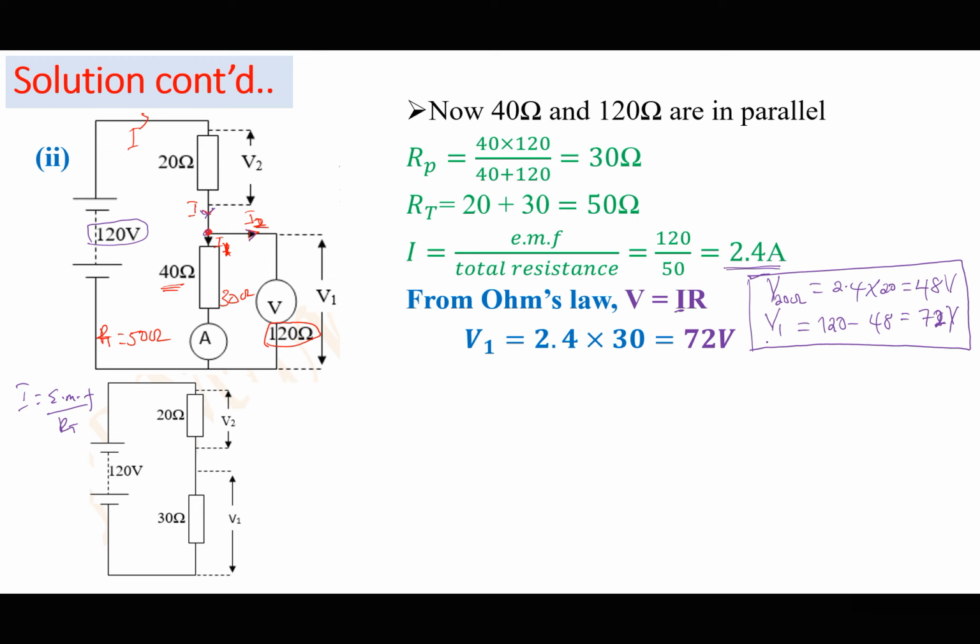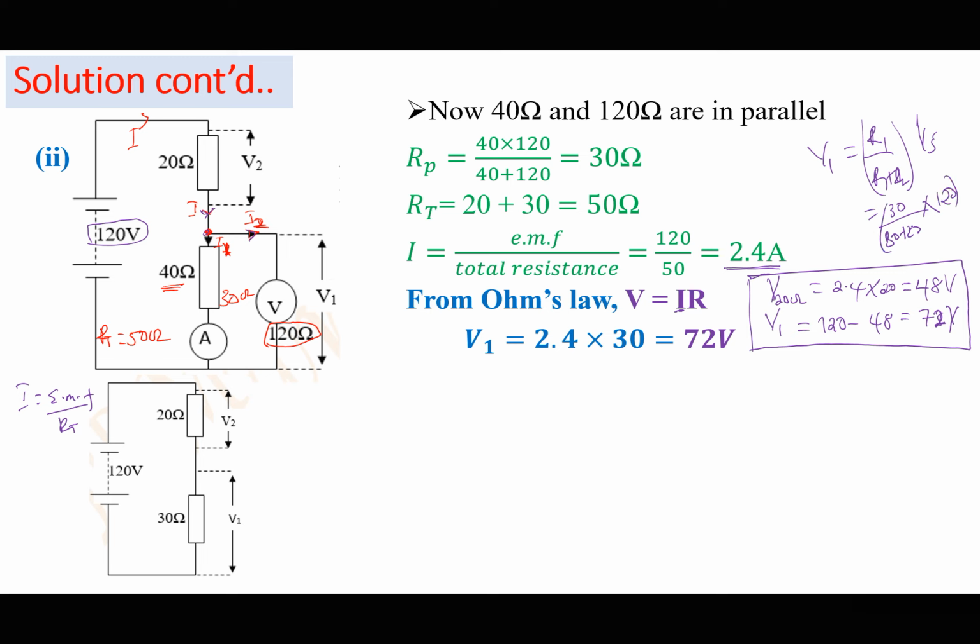I could still use the potential divider formula directly, that is V1 will be equal to the resistance, which I will call R1, over R1 plus R2, then times the voltage supply Vs. But this time R1 is the total resistance of the parallel combination, which is 30, divided by R1 plus R2, which will be 30 plus 20, then times the voltage supply, which is 120.